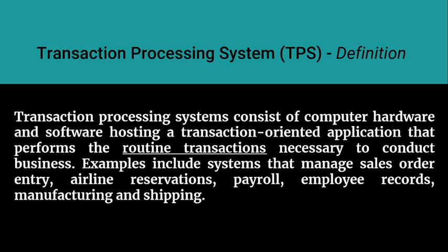The examples include systems that manage sales order entry, airline reservations, payroll, employee records, manufacturing, shipping, and many more. In other words, this system automates the processing of transactions in such a way that the financial statements also get prepared by the software without manual intervention. Right? So this is transaction processing system.